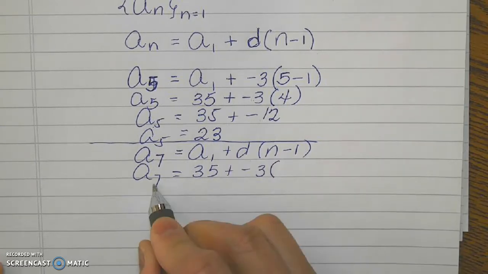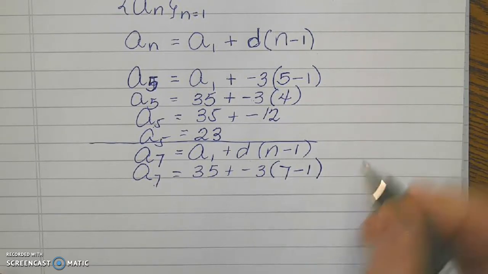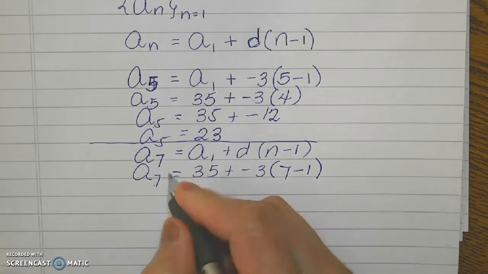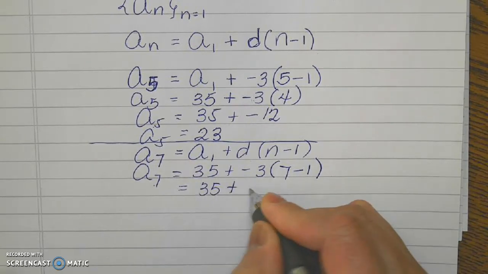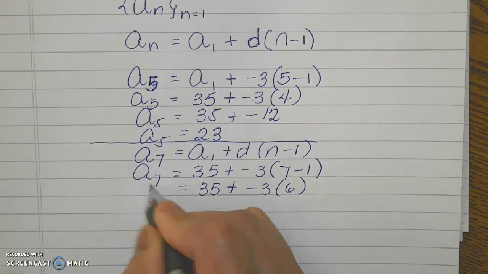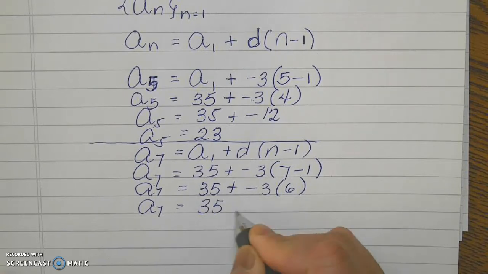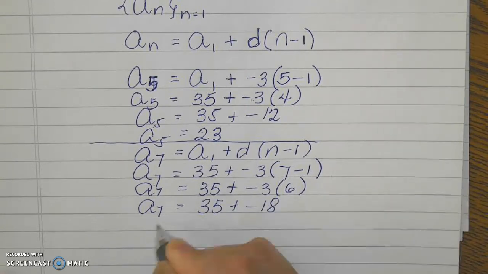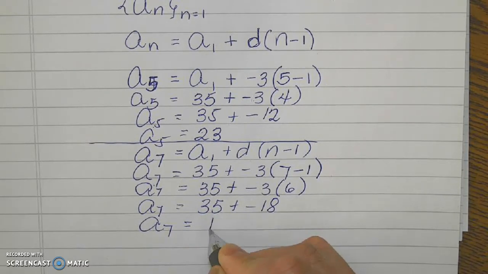Your N is 7, so this should be 7 minus 1, and that should be inside the parentheses, 6. So this is going to be 35 plus negative 3 times 6. A sub 7 is equal to 35 plus negative 18, and A sub 7 should be 17.